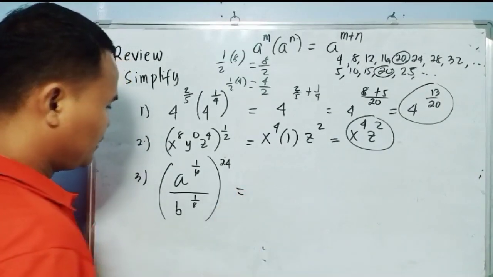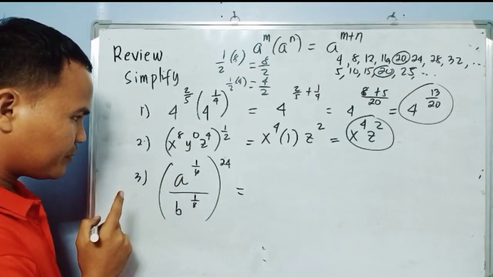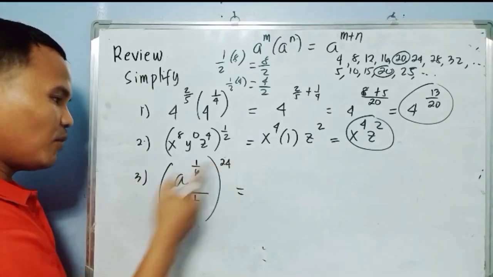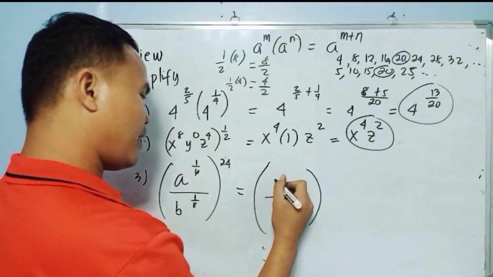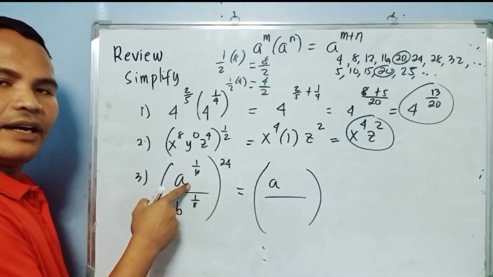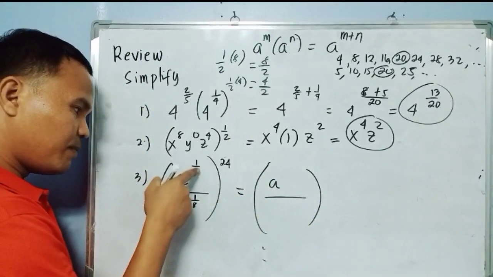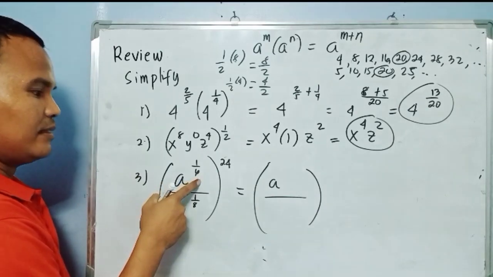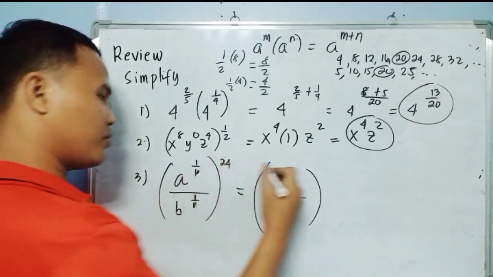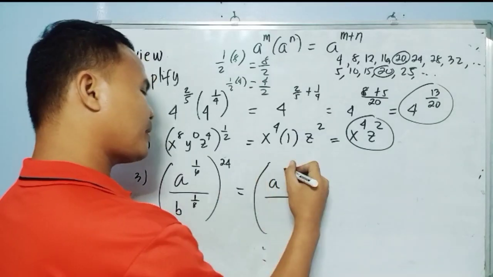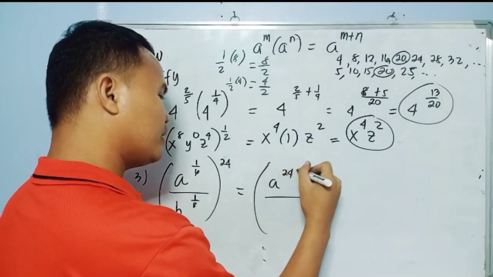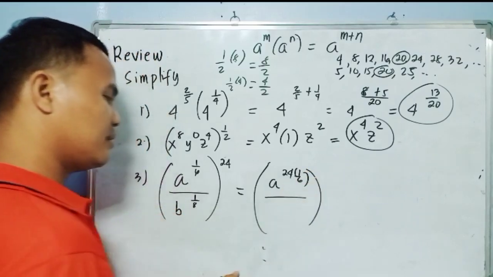For number 3, same idea as number 2. Just multiply. A is our base here, raised to the power of 6. So we multiply 24 by 1 over 6. This will become 24 times 1 over 6.